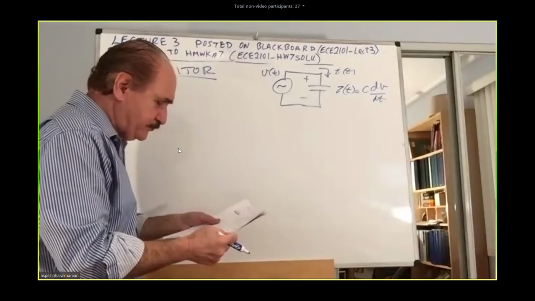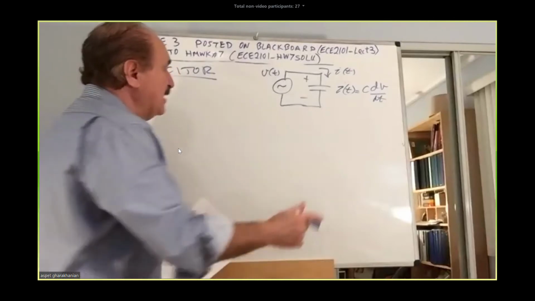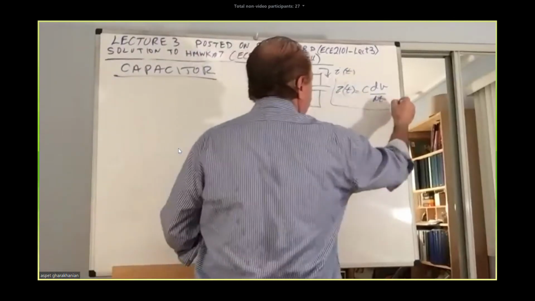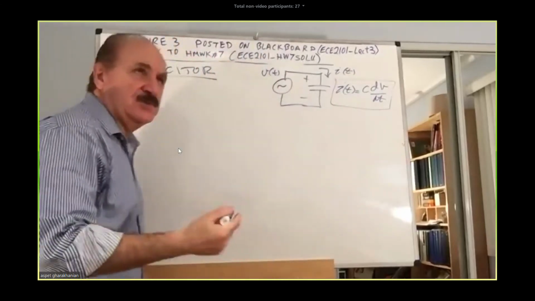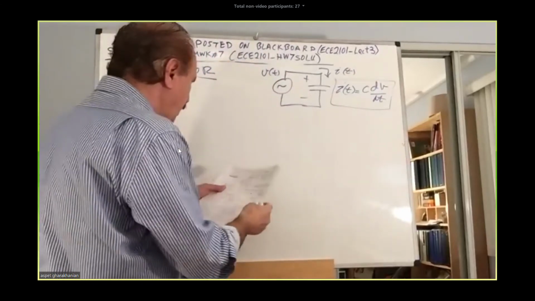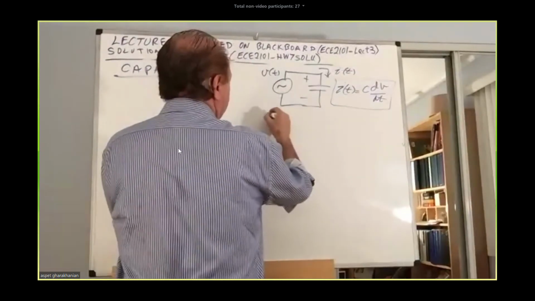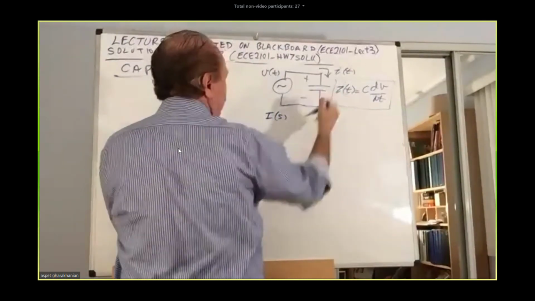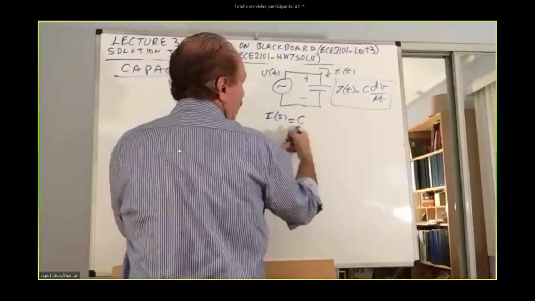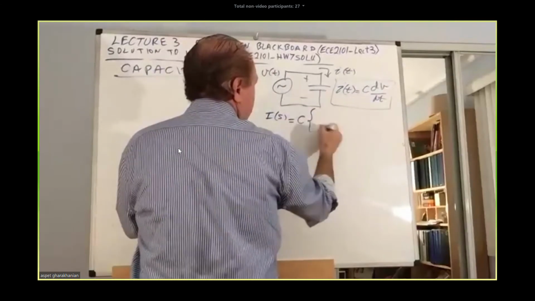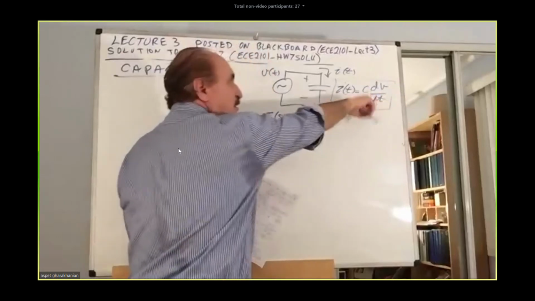However, if you Laplace transform that line, this simple so-called differential equation, you will end up having I of s, that's the Laplace of I, is C multiplied by the Laplace of the derivative.